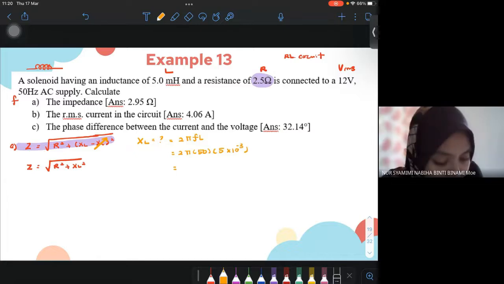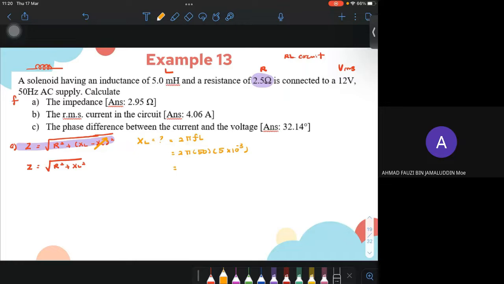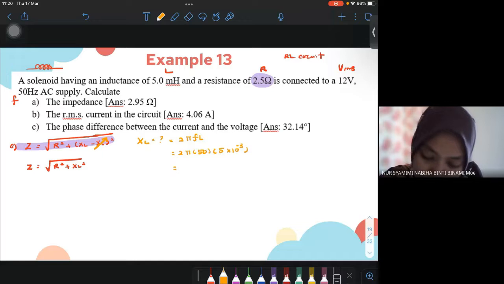Okay, XL is 1.571 ohms. Okay, we already have XL.